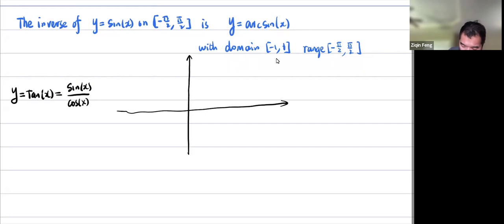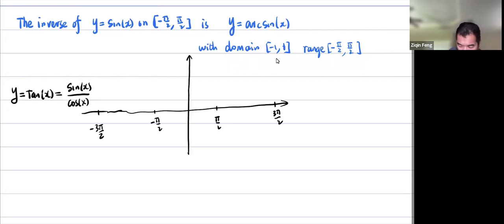So this is pi/2, 3 pi/2, -pi/2, and -3 pi/2.